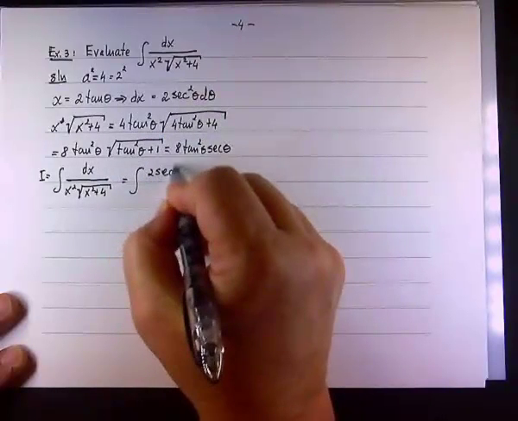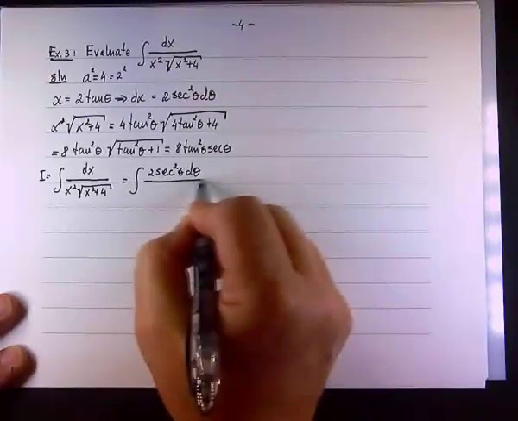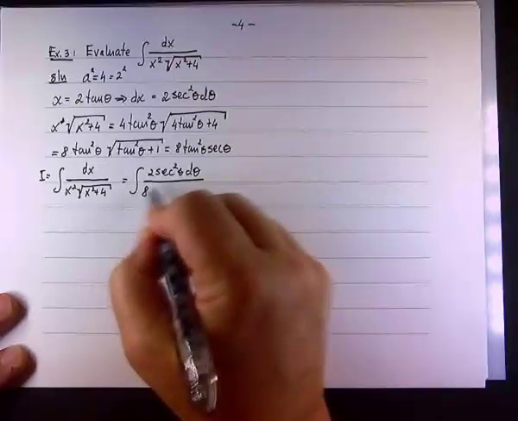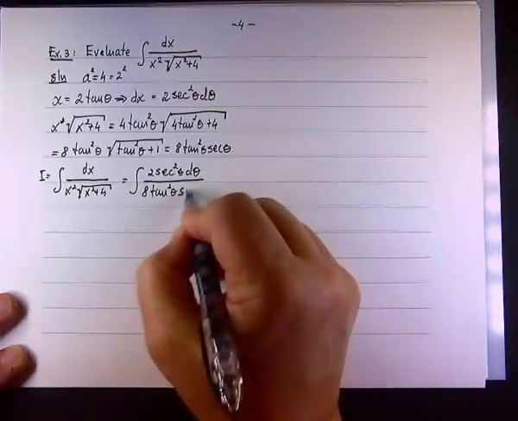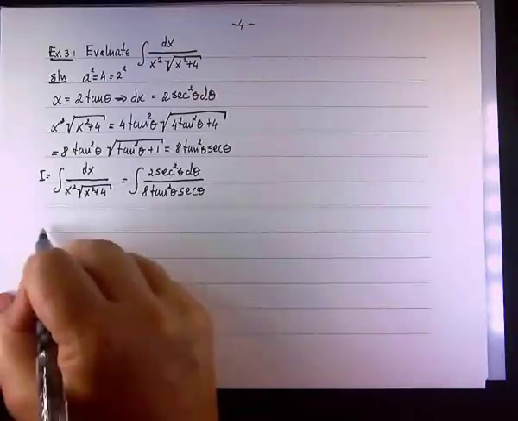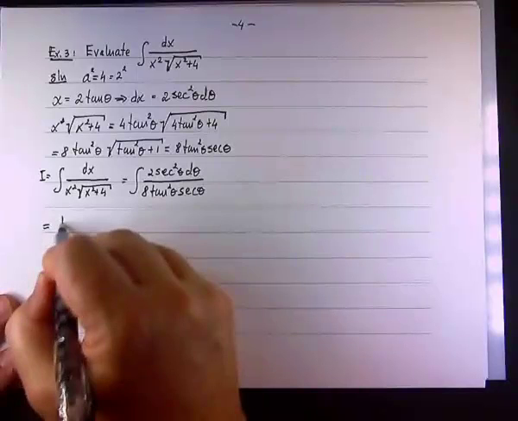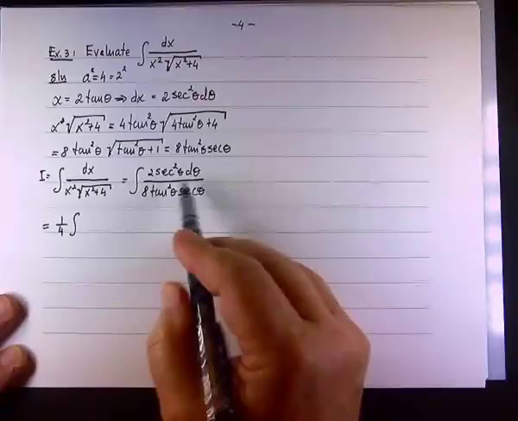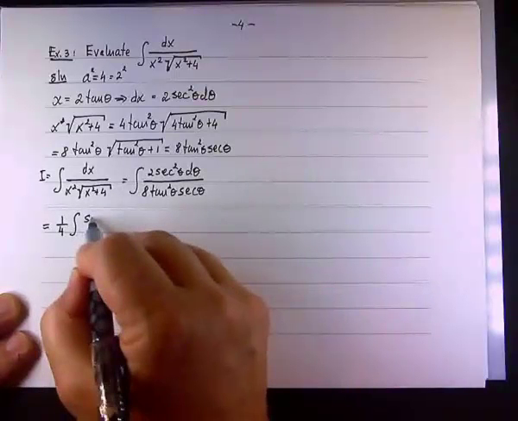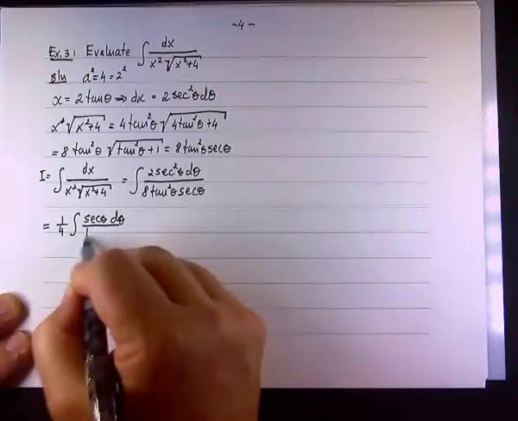It's the integral of dx, which is 2 secant squared d theta, and the denominator is 8 tangent squared secant. All right, so we have 1/4 integral, and let's see, we have secant over tangent squared, right?